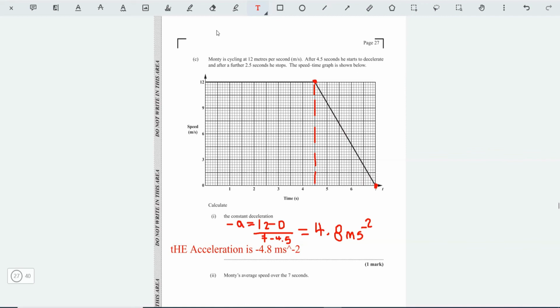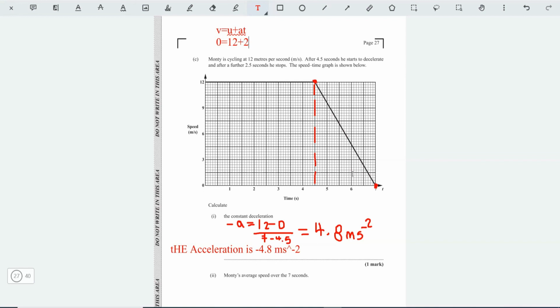But what if you did the physics? In physics, you learn V equals U plus A times T. You want to find A, and you already know the final velocity is 0. That equals the initial velocity of 12 plus A times T. How long did it take? From 4.5 to 7, that's 2.5.